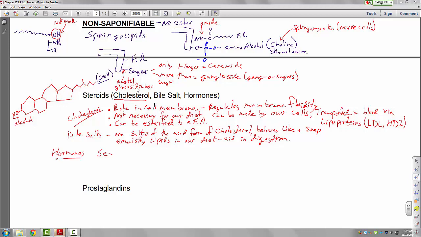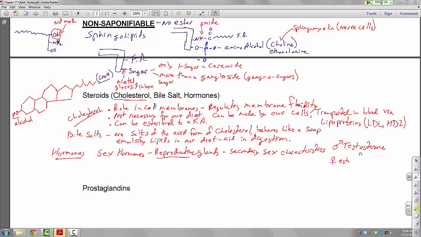There are the sex hormones, formed in the reproductive glands, the ovaries and the testes, and they are naturally involved in reproduction and secondary sex characteristics, principally the male sex hormone testosterone from the testes, and estrogen, the female sex hormone. I said androgen, I'm sorry, androgen is actually another name for testosterone. I meant to say estrogen.